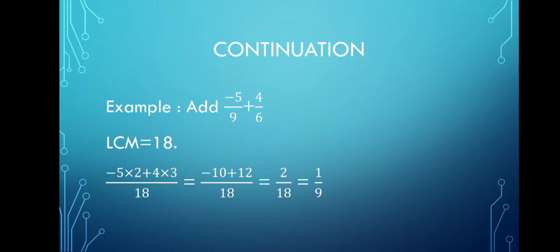Then 4 by 6 into 3, how much? 12 by 18. So minus 5 into 2 is 10, 4 into 3 is 12, the denominator is 18. So minus 10 plus 12 divided by 18 is equal to 2 by 18, which is equal to 1 by 9 after simplification.